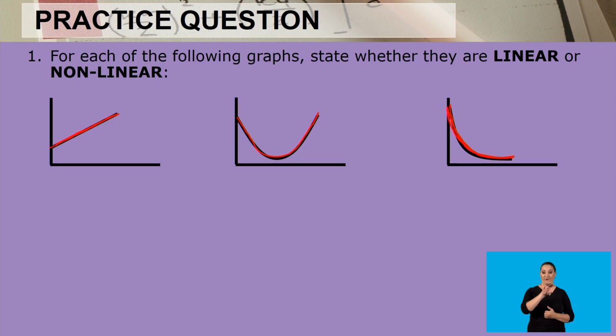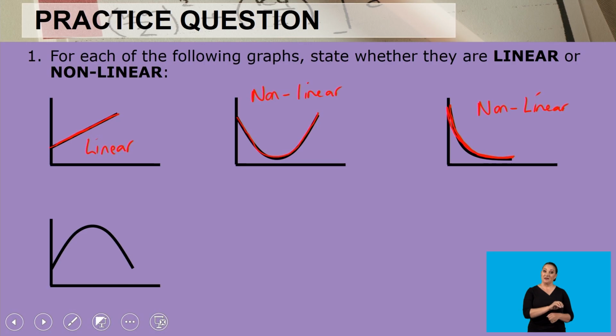So with the graphs that we were given here, the first one we should have written is of course a linear graph. The second one is a non-linear graph. And of course, the third one is also a non-linear graph. Let's look at the next graph. Is it linear or is it non-linear? Yes, you are correct.